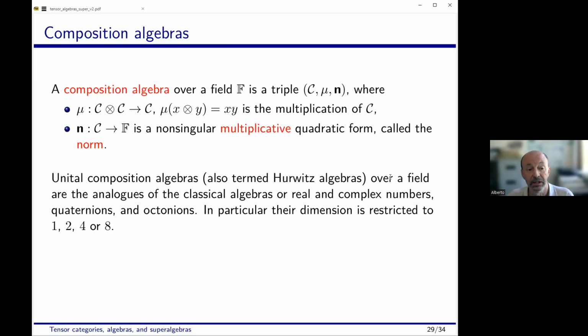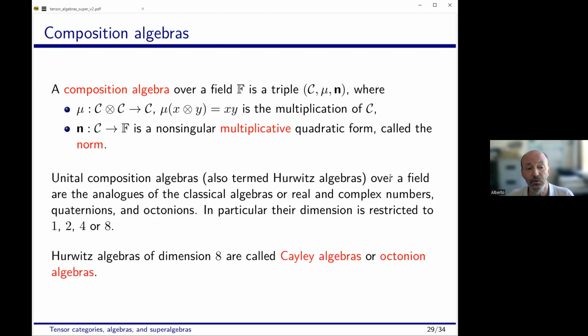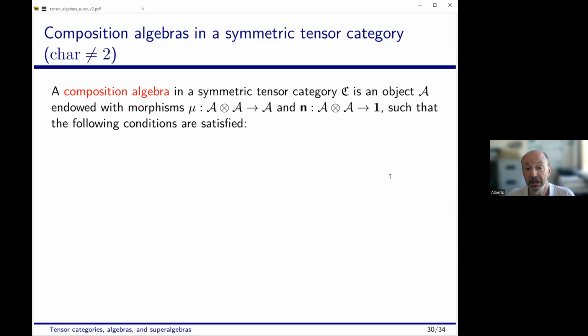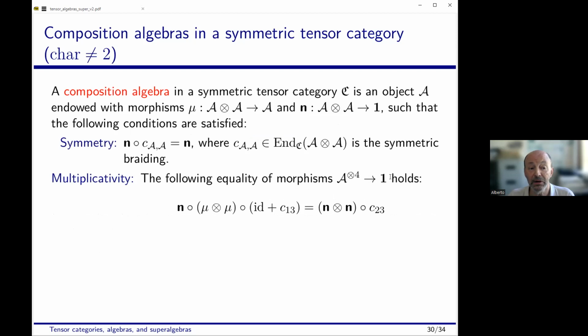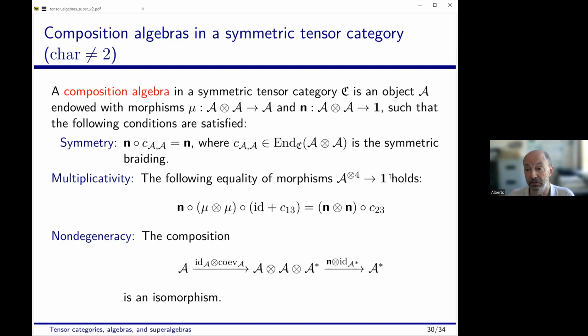The dimension is, as you know, 1, 2, 4, or 8. And what happens is that in characteristic different from 2, we can linearize the definition of composition algebras and obtain composition algebras in any symmetric tensor category. One has just to define symmetry, which is easy.